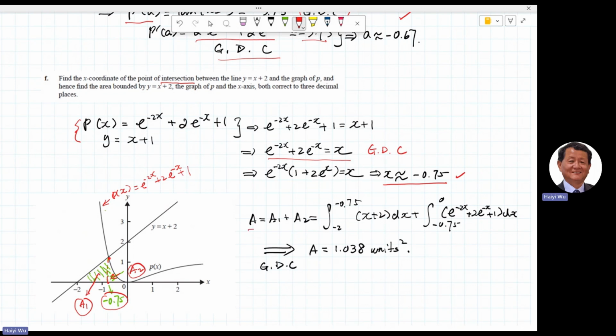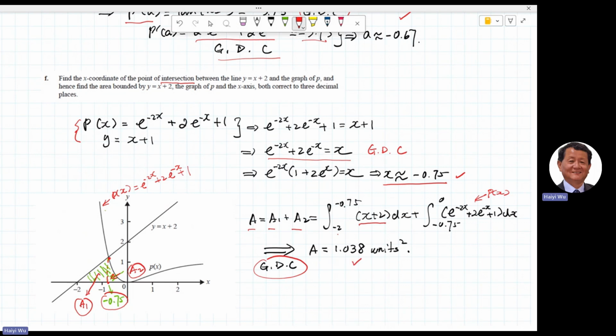Therefore the total enclosed area is A1 plus A2. A1 is from negative 2 to negative 0.75, and the function is x plus 2. The next one is the area under the curve of p(x) from negative 0.75 to 0. Then we use integration on the GDC again to find area 1 and area 2 and add them together.